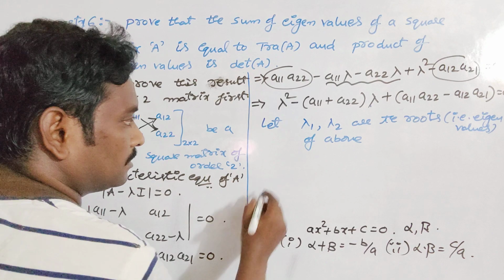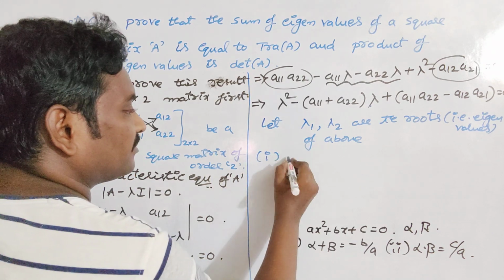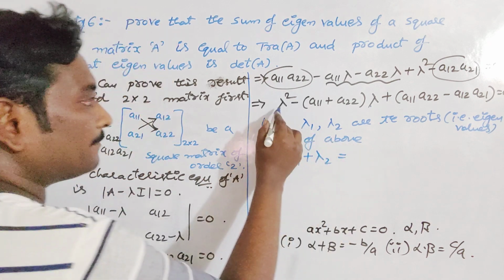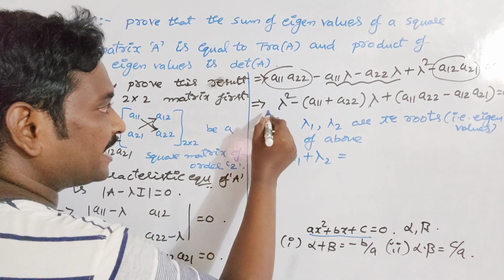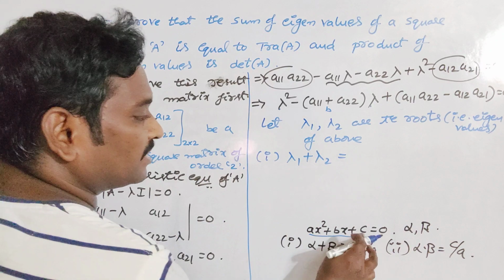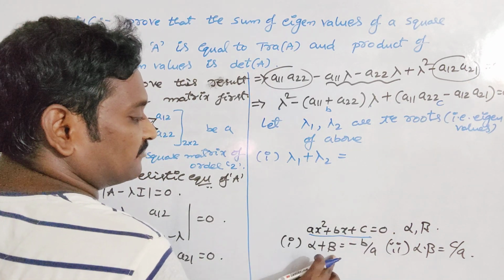So what is the first one? The sum of eigenvalues, the sum of the roots, you can find by comparing this characteristic equation with the general quadratic equation. What is the A value? A is 1, and B is this coefficient, and then the constant. So what is alpha plus beta?